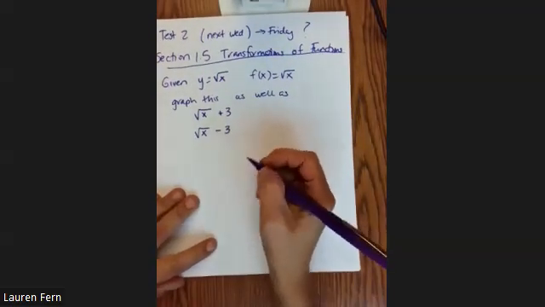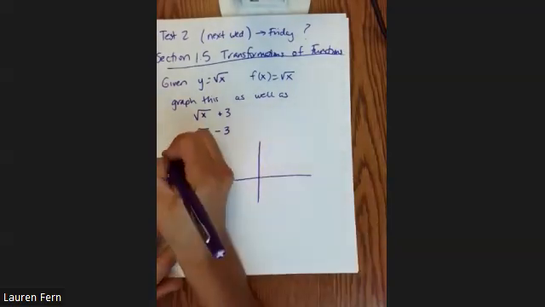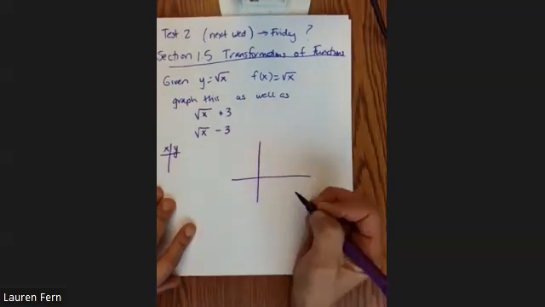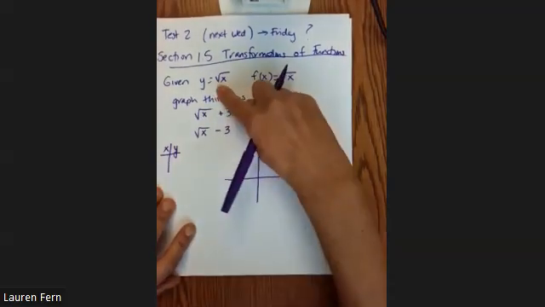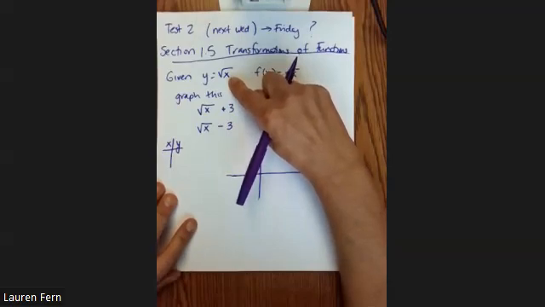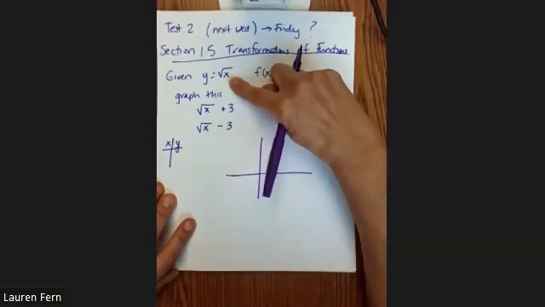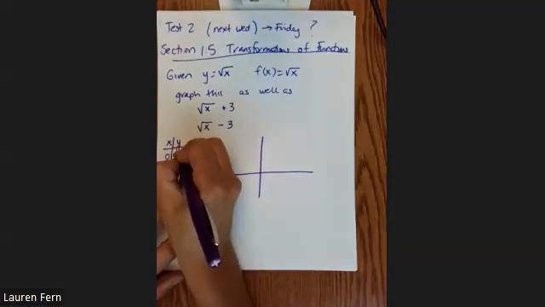You may or may not remember your toolkit function, the square root of x. The nice thing is we can make a little XY table. Would you all agree we've got some domain issues going on here? You can't take the square root of a negative number, so we need x to be greater than or equal to 0. If I plug in x equals 0, what's the square root of 0? 0.